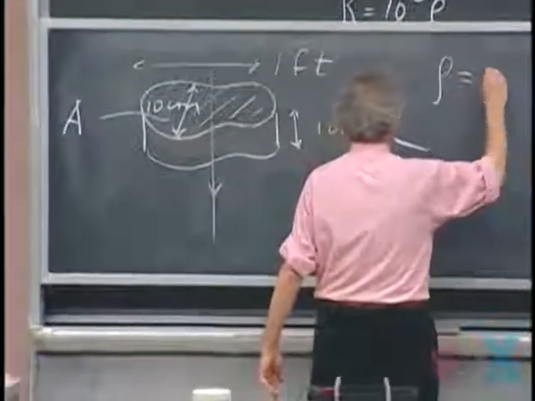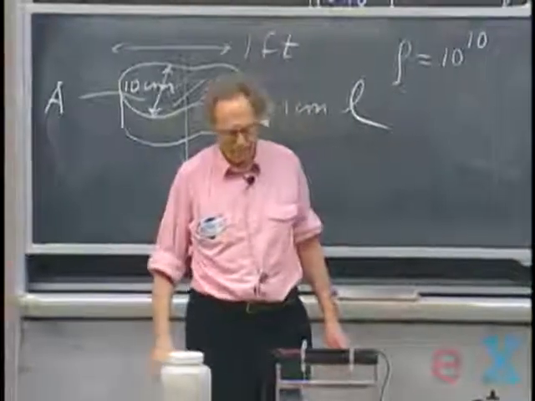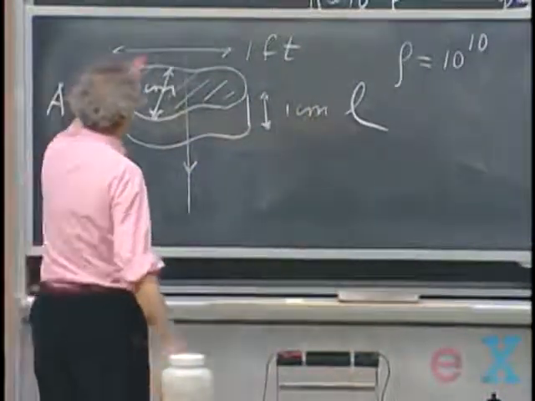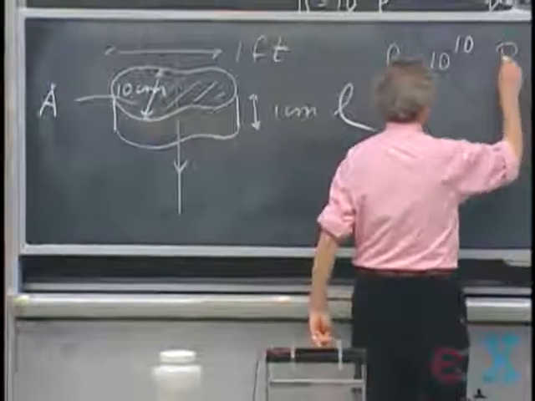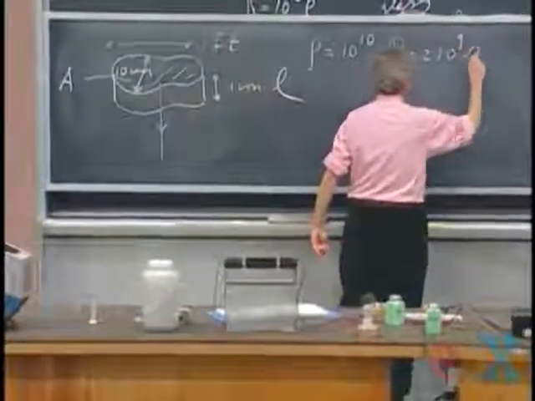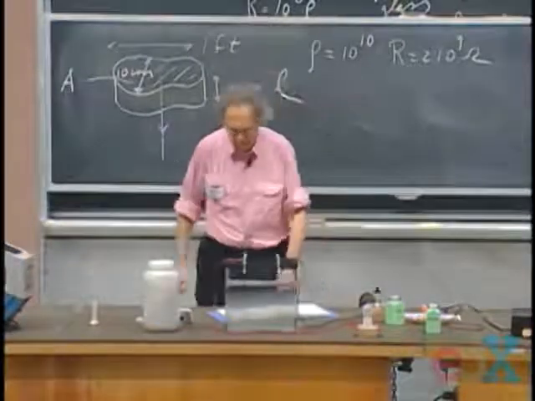I looked up the material, and I found that the resistivity is about 10 to the 10th. So I can now calculate what the resistance is in this direction. Putting in the numbers, that resistance is about 10 billion ohm. So you will say, wow. Oh, it's 4 actually.